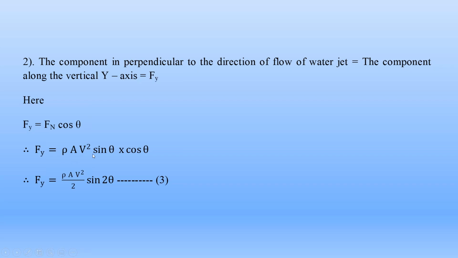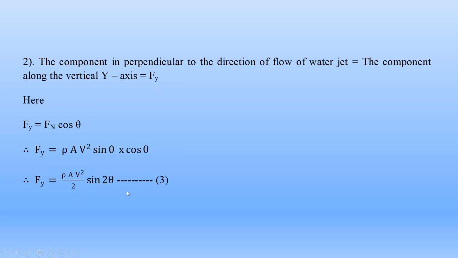Fy is rho A V squared sin theta into cos theta. Write this sin theta cos theta in sin 2 theta form. You know that sin 2 theta is equal to 2 sin theta cos theta. So sin theta cos theta is equal to sin 2 theta divided by 2. So Fy is equal to rho A V squared by 2 into sin 2 theta.